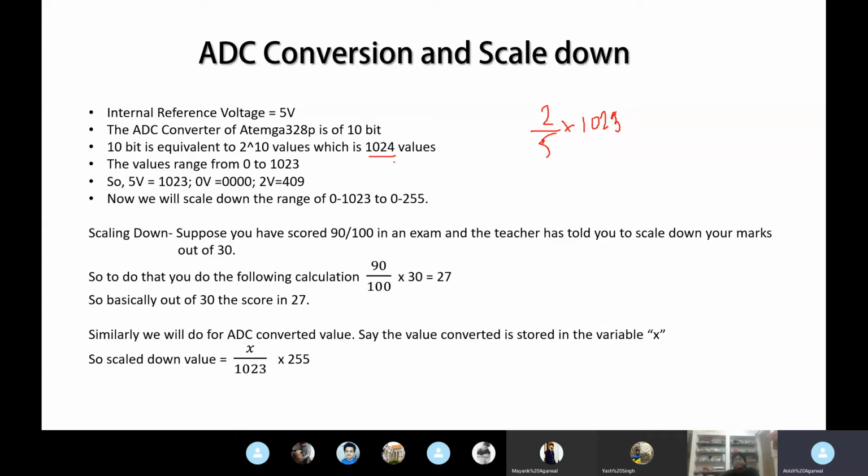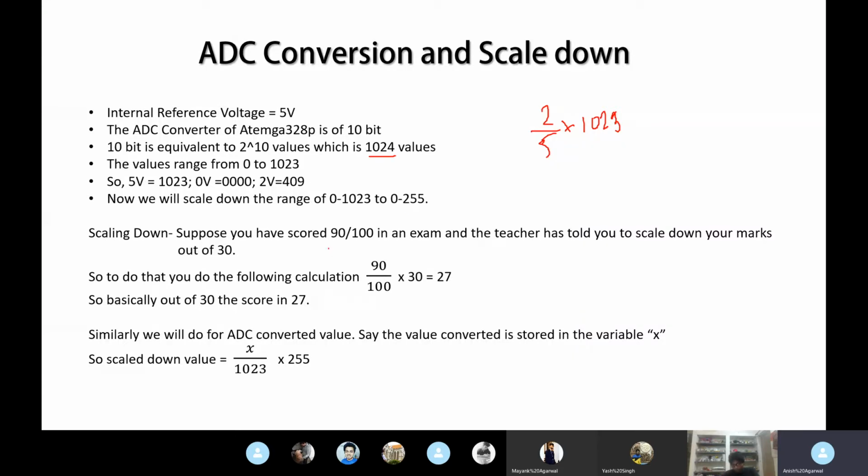Because if we give a value to the PWM more than 255, then it won't be able to give proper output. All the values will be greater than 255, so it will give a constant output of 255. Therefore, we need to scale the values down from 1023 to 255.